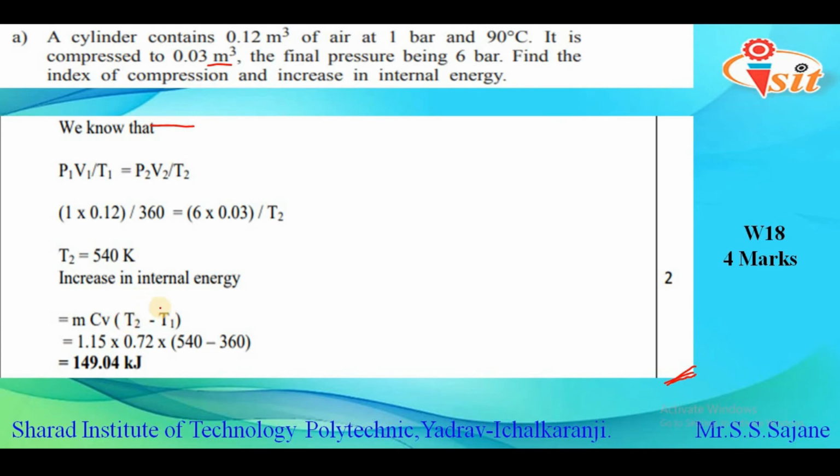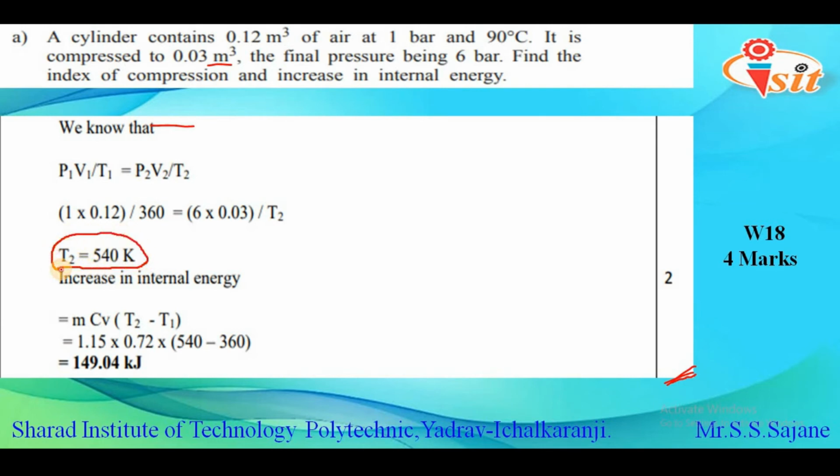As we have the value of T1 equal to 360 Kelvin, we will first find the value of T2, and this value can be determined by using the equation of state, that is P1 V1 by T1 equal to P2 V2 by T2. We have all the values except T2. So now we can easily calculate this value of T2, and it comes to be about 540 Kelvin.